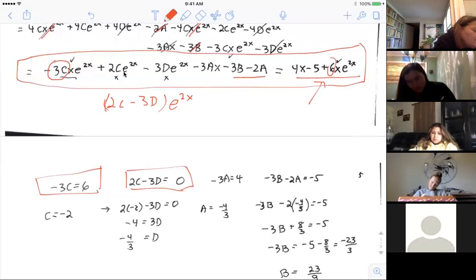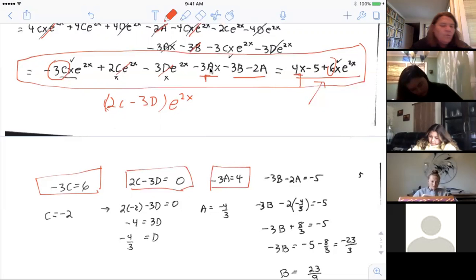So I've accounted for those terms there in terms of the matching. This one, minus 3ax, there's one x term over here. That means minus 3a has got to be 4. See that? Right there is an x term, and right there is an x term. Okay, so that's where I got minus 3a equal 4.